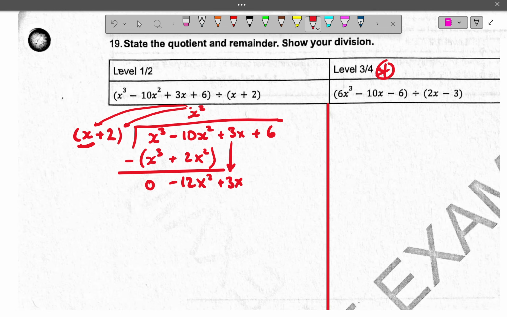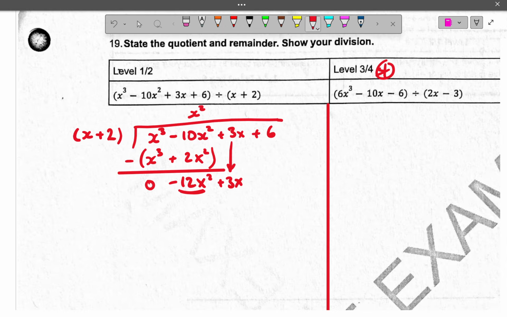Now we ask ourselves again, how do I get rid of this leading term, negative 12x squared? What do I have to multiply by the x out here to get negative 12x squared?